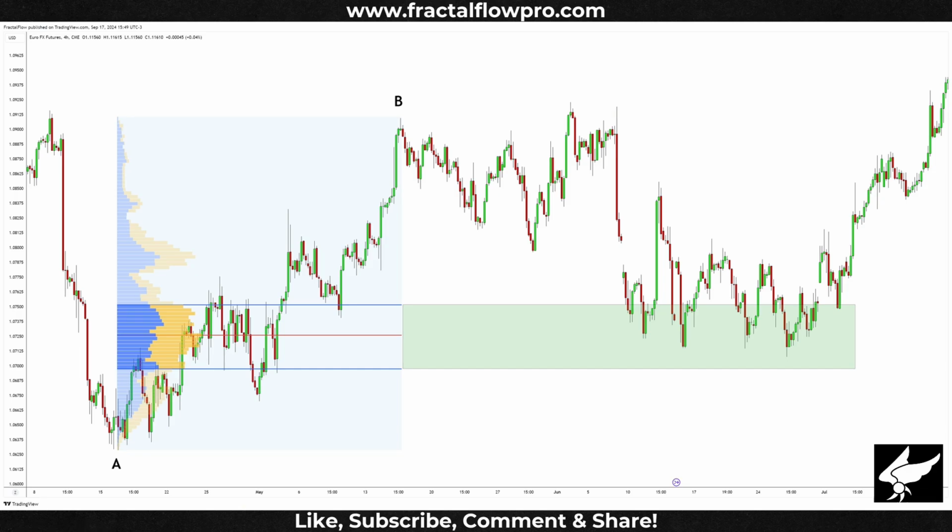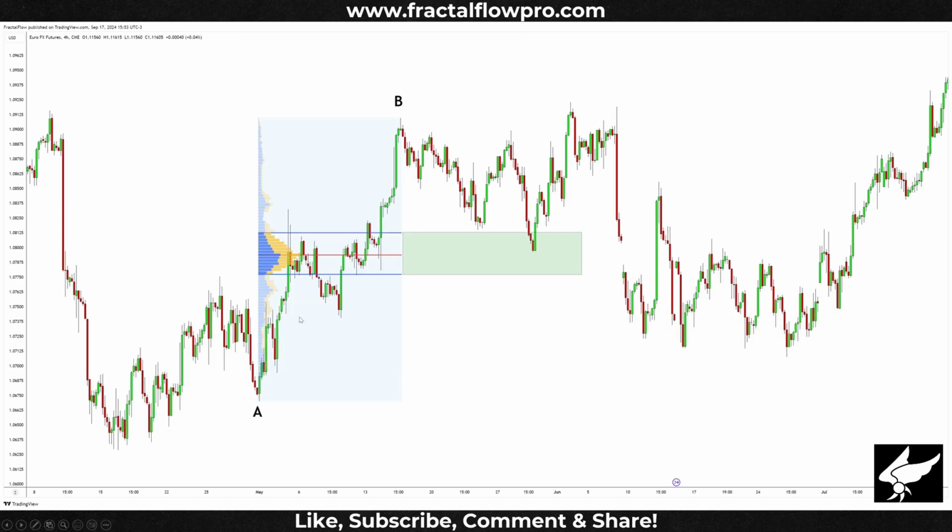For example, if we change the profile to this upward price movement, the fair value area changes and we end up catching another demand zone. Price does react to this demand zone as well. In summary, different profiles will point to different fair value areas, so it's important to contextualize the volume profile with other tools in order to extract the greatest value.